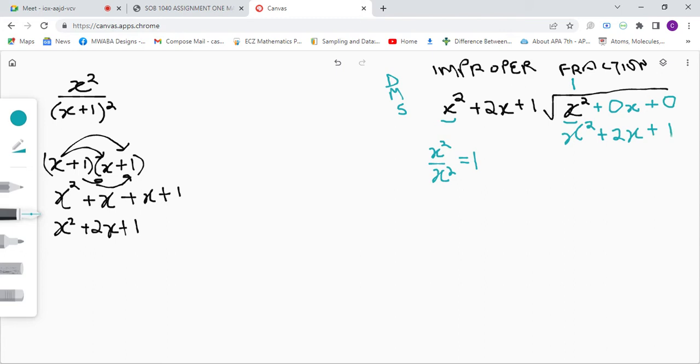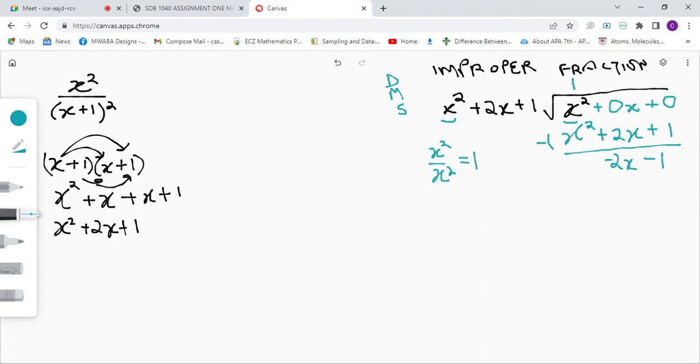And finally 1 times 1 gives 1. Now we subtract, that's the final step. x squared minus x squared is 0. 0 minus 2x gives us negative 2x. Then 0 minus 1 gives us negative 1. So this is our remainder.